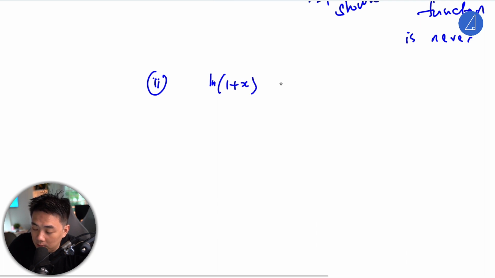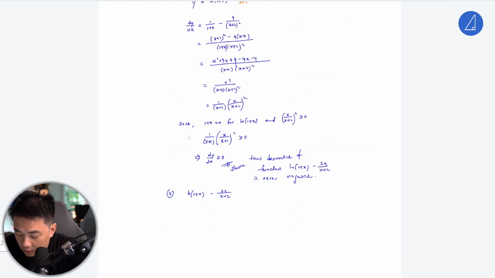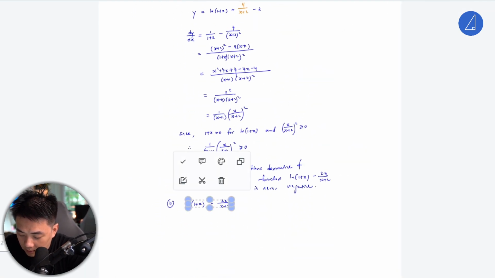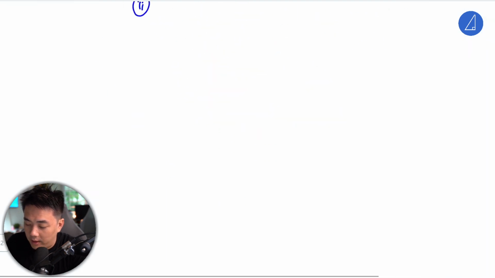I took the wrong equation again, so I'll just take the inequality. The idea is how do we use the previous result to show this.